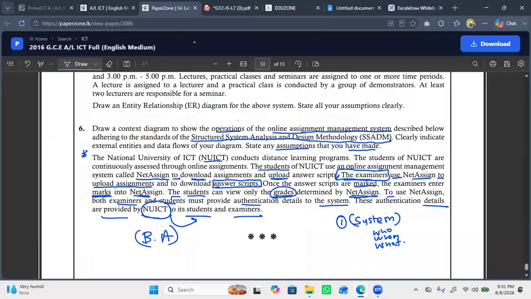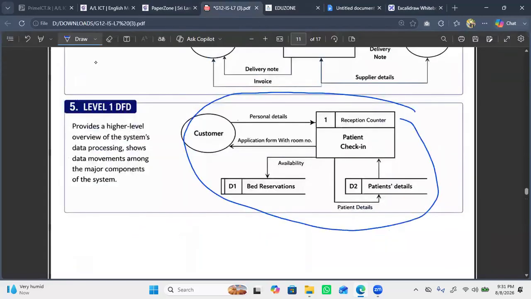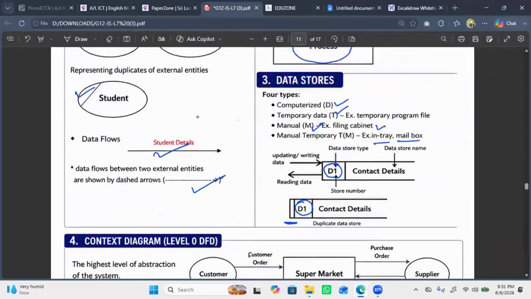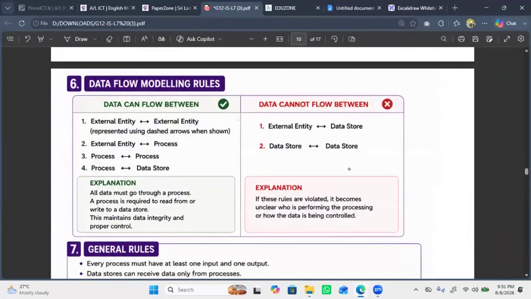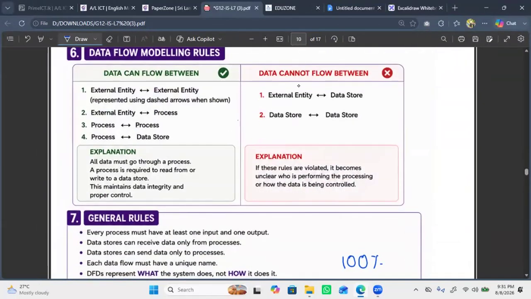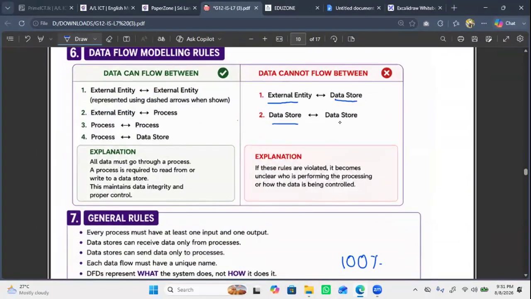Those are the things that I have mentioned here in my note earlier. See here, data cannot flow between external entities and a data store, and from data store to data store. That means my external entity, what is the shape? Oval. Data store, what is the shape? This one. Data cannot flow this way. This is wrong.